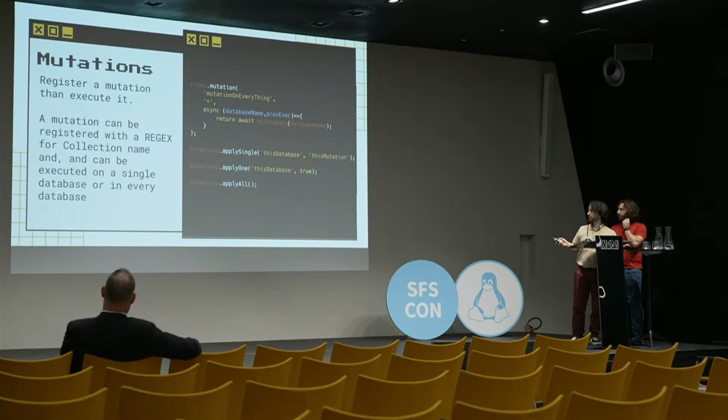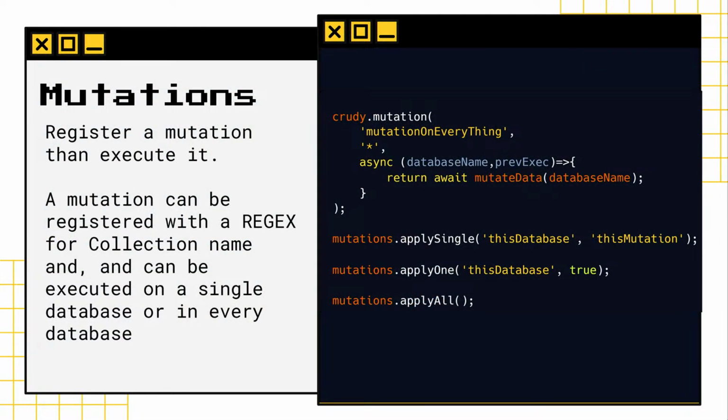Then you can apply a single mutation on a single database, or you can apply a single mutation on every database that respects this other regex, or this other database name.